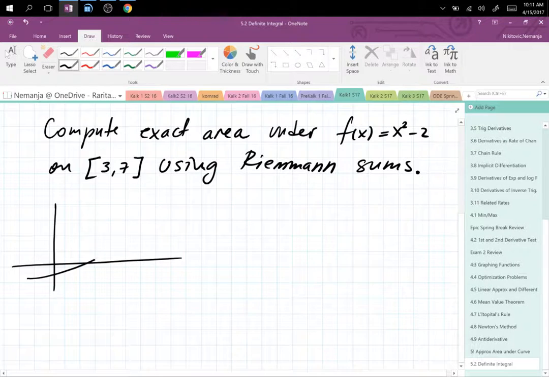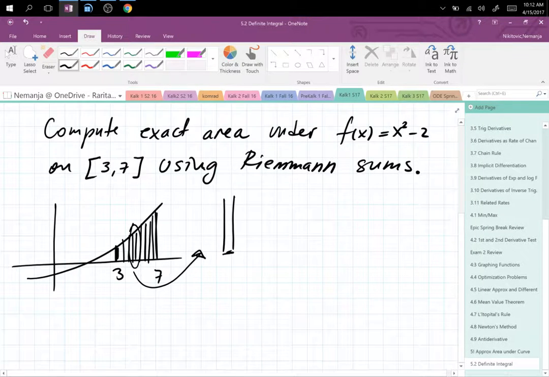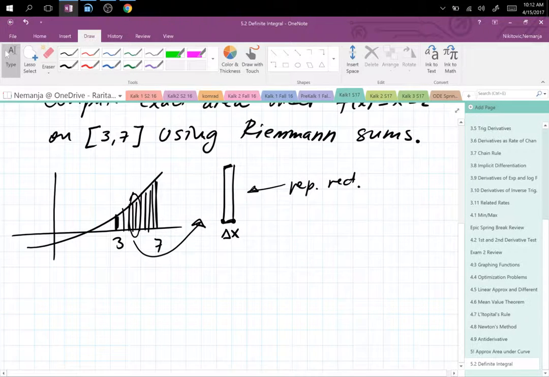So we have a function that goes from 3 to 7 with these rectangles in between. But now I'm going to have infinitely many rectangles. If I pick any of these rectangles as a representative rectangle with the delta x, I'm going to compute values here.